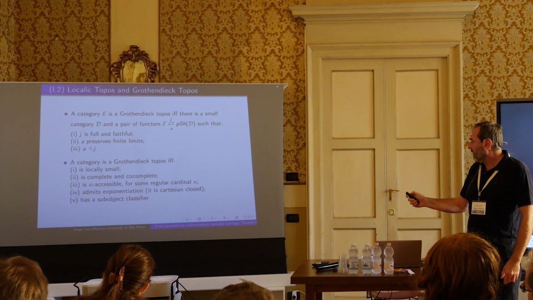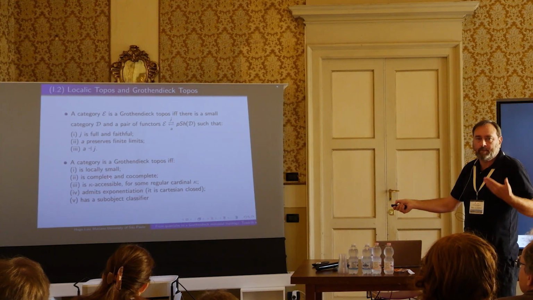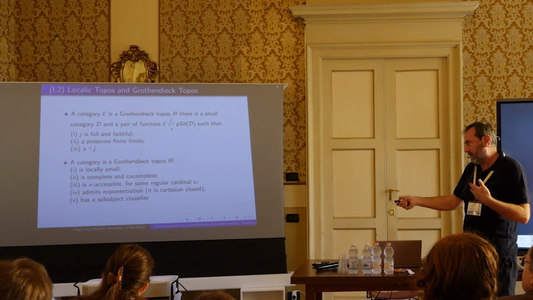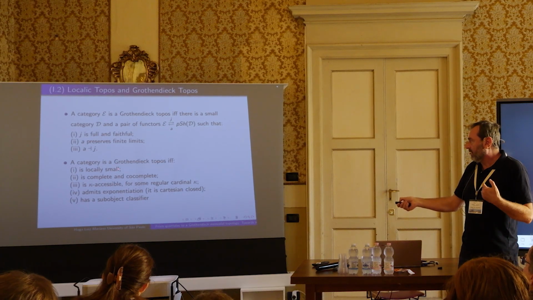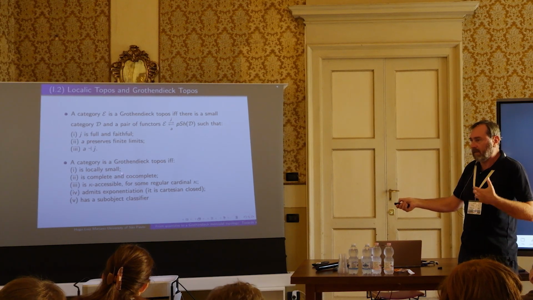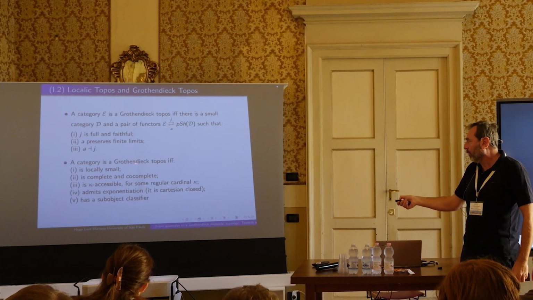Or also another characterization: a Grothendieck topos is an elementary topos that has a small set of generators and is complete.